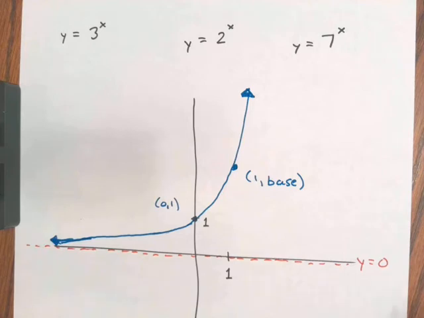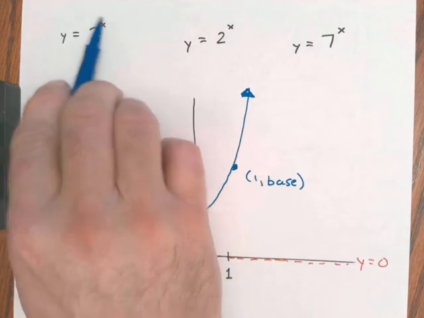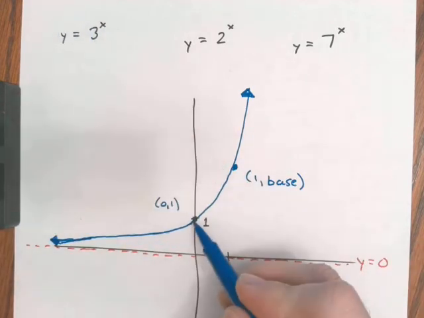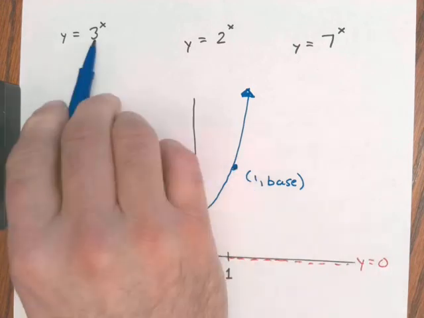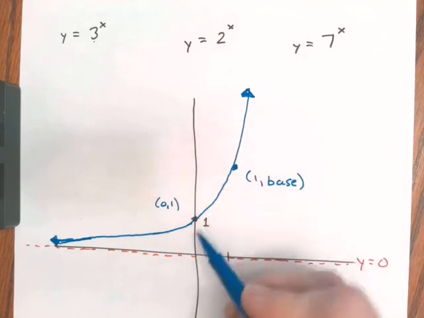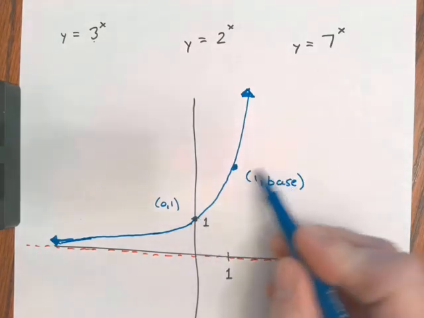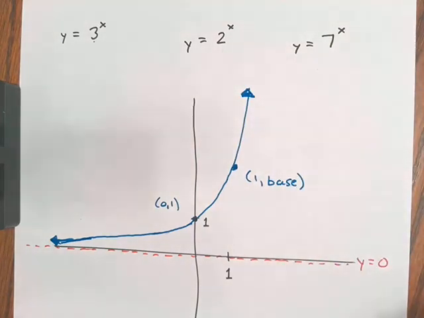And then another point that's really easy to find is going to be 1 comma and then the base. So this equation is going to have a y-intercept at 1 and then go through the point 1 comma 3 because the base of the exponent is 3. This equation would have a y-intercept at 1 and go through the point 1 comma 2 because the base of the exponent is 2.